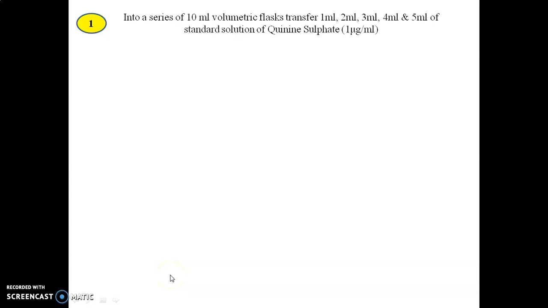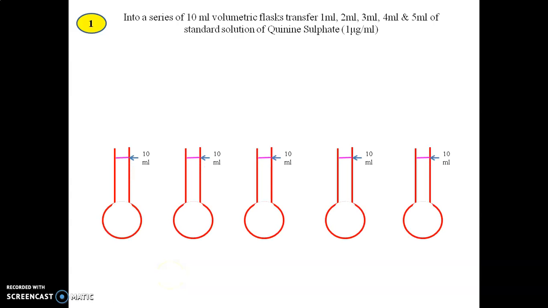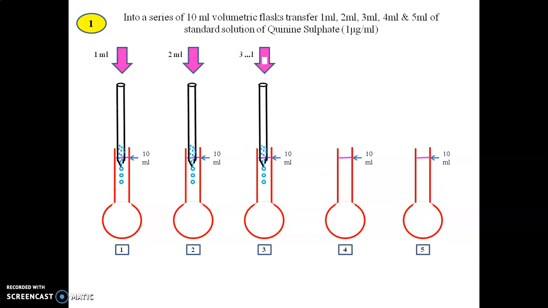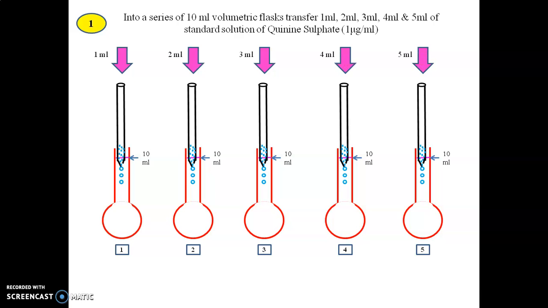Into a series of 10 ml flasks, transfer 1 ml, 2 ml, 3 ml, 4 ml and 5 ml of standard solution of quinine sulfate. The concentration of the standard quinine sulfate is 1 microgram per ml.